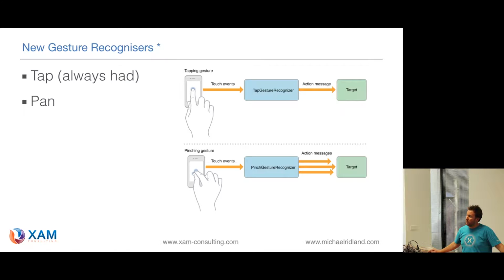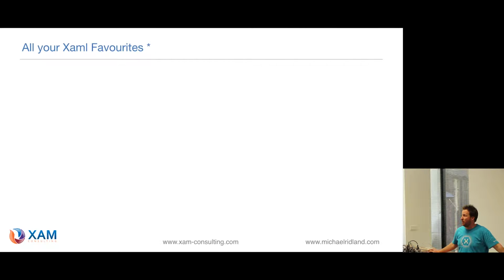So there are new gesture recognizers. There's always had the tap. Now there's a pan and a pinch gesture recognizer, which you can use. We've done a bit of that, so it's always good to have it there. So your XAML favorites, they're adding behaviors and triggers. As you said, they're bringing more of the Microsoft XAML across to Xamarin Forms.